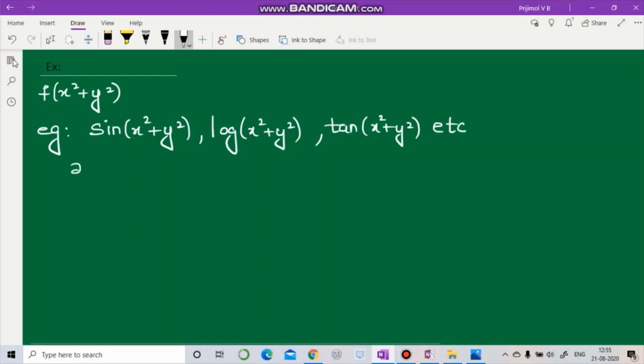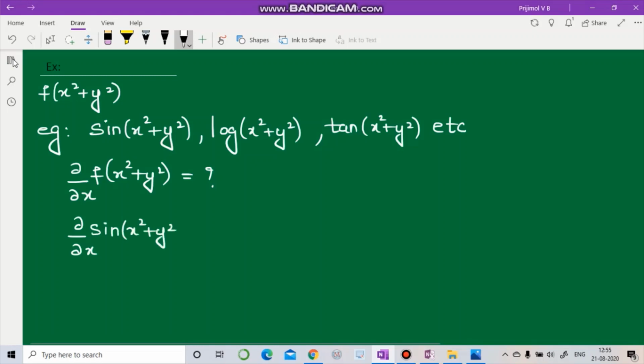Now, I want to find out the derivative of f of x square plus y square with respect to x. Let me explain this with the help of an example.